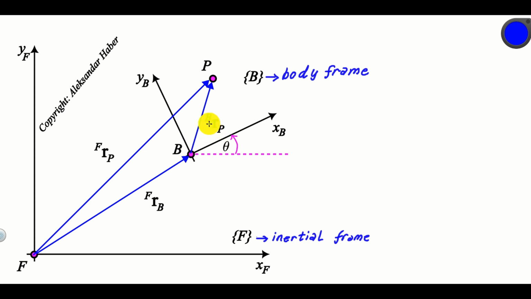This vector is the distance vector from the point B, or the origin of the body frame, to the point P. And the projections of this vector will be expressed in the frame B.